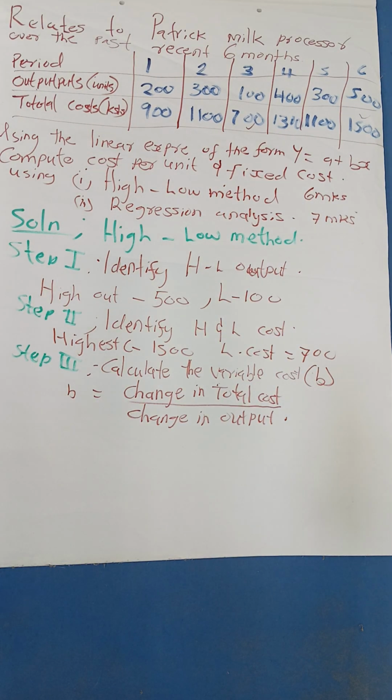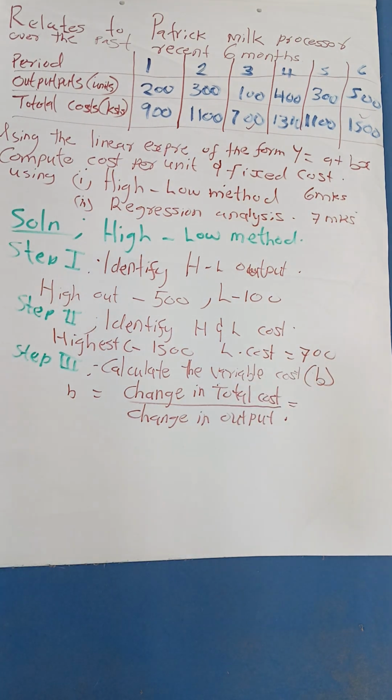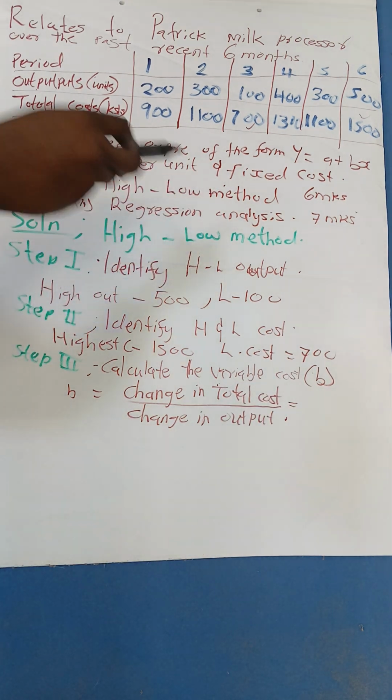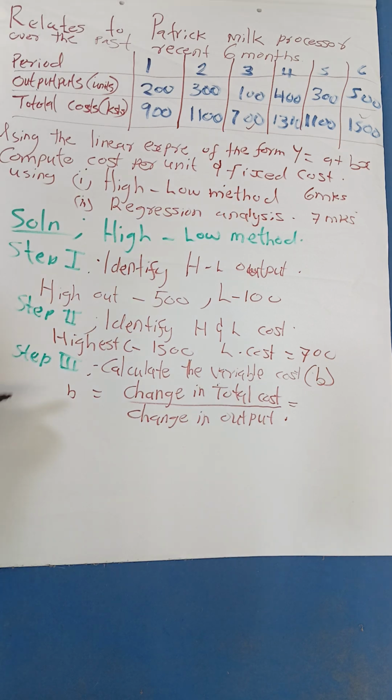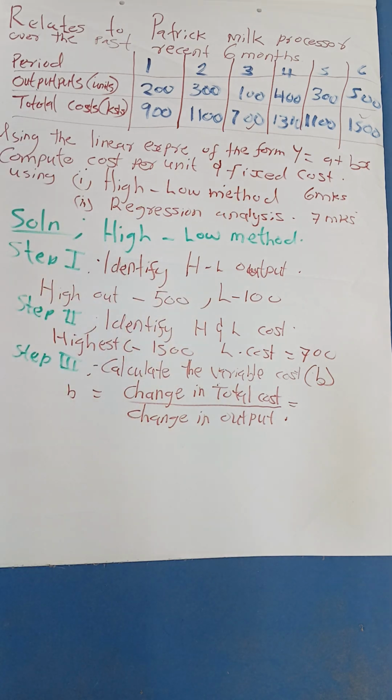When I say change in total cost, I mean you get the highest cost, you minus the lowest cost. When we say the change in output, we get the highest output, we minus the lowest output.